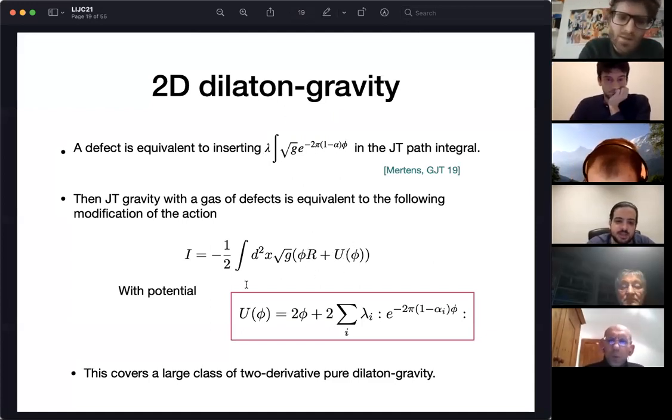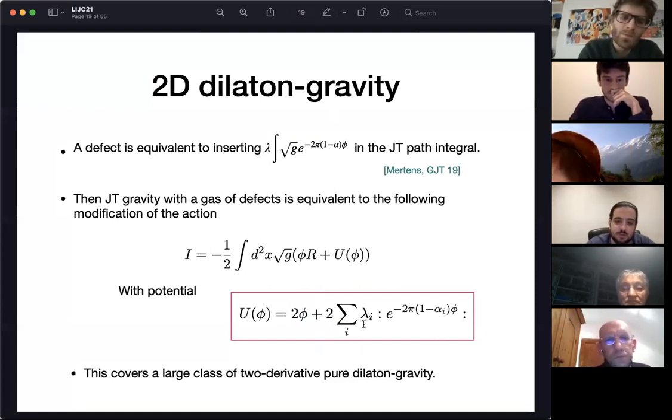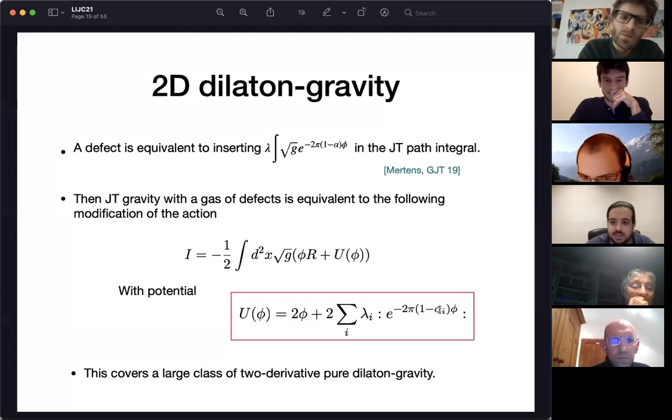And U of phi is the dilaton potential, which is, this is the JT term, and these are the new terms which are exponentially suppressed in phi. And these lambda are the fugacities, and alpha is the angles. And I sum over i because I could have any number of species of defect, not only one.